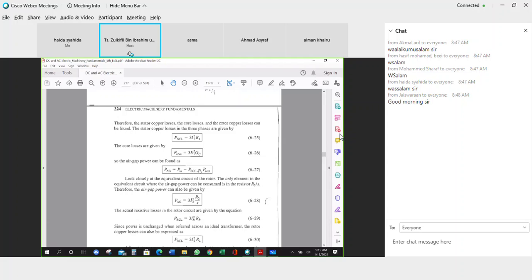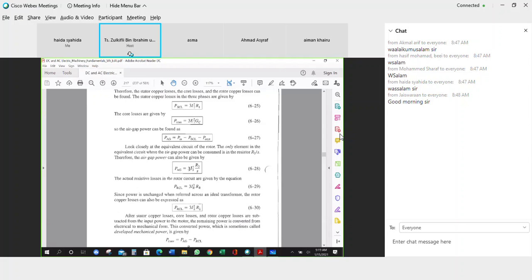Since it's three phase, it is 3 I2 squared R2 divided by S, to include the slip.